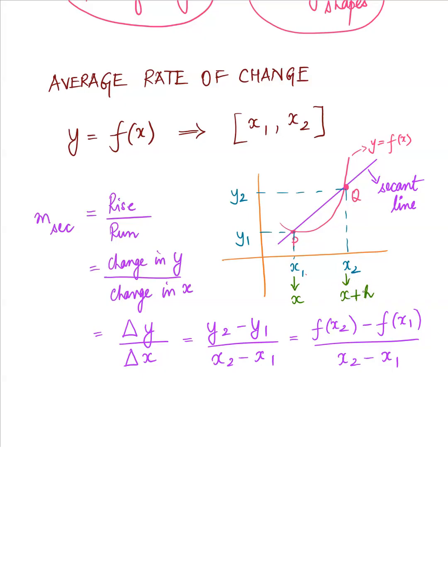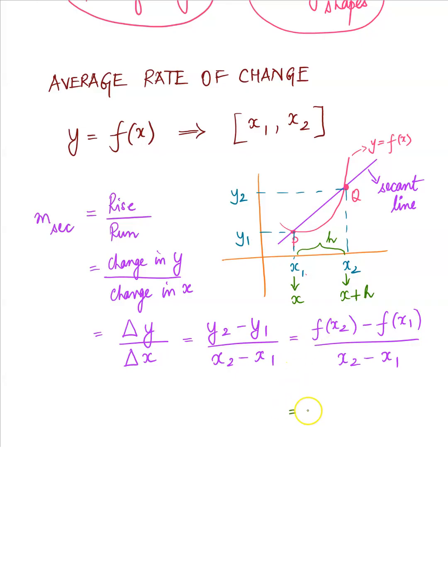Meaning from x, you travel the distance of h to get to the next point, x plus h, which is x2. So x plus h is your x with an increment of h. Okay. So I want you to understand that h is this distance h. So correspondingly, your y1 would be f of x, and your y2 will be f of x plus h, because you're no longer using x2, you're calling it x plus h.